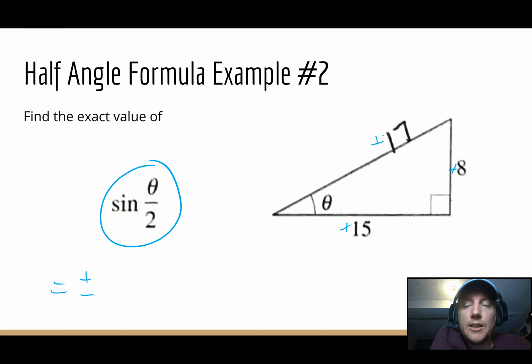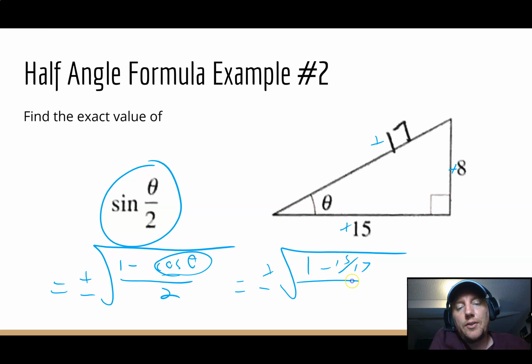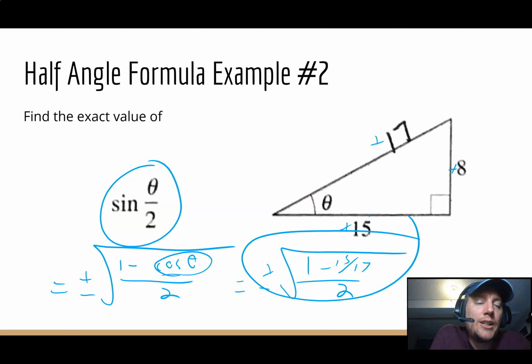And 1 minus cosine theta over 2. So all we got to do really is fill in the blank of cosine theta. So plus minus square root of 1 minus 15/17 over 2. And technically that's a good enough answer.